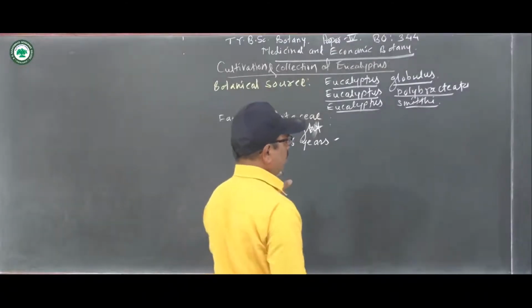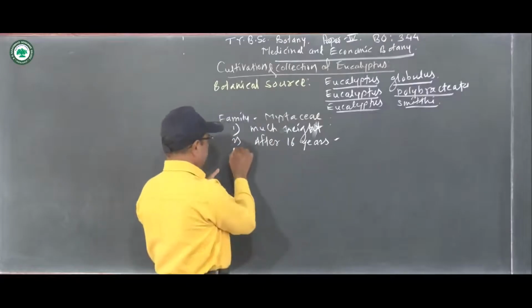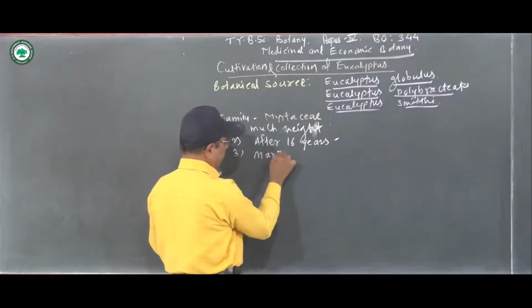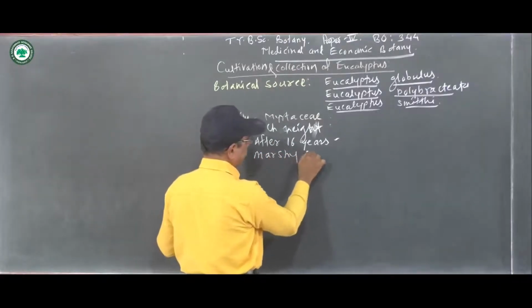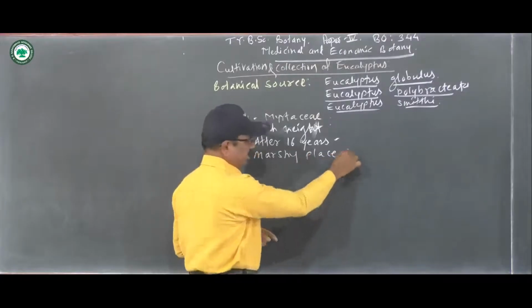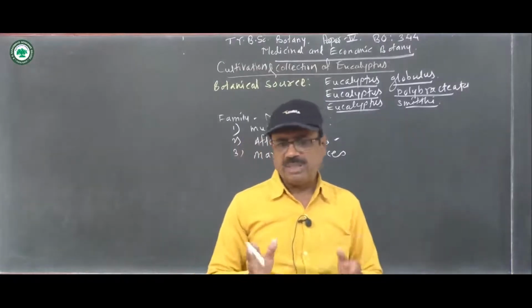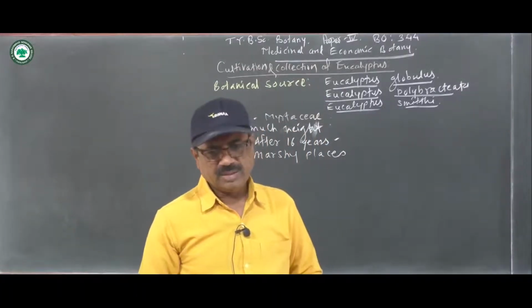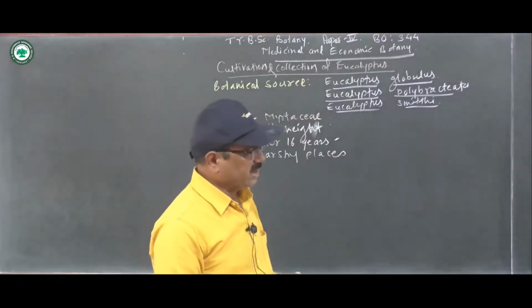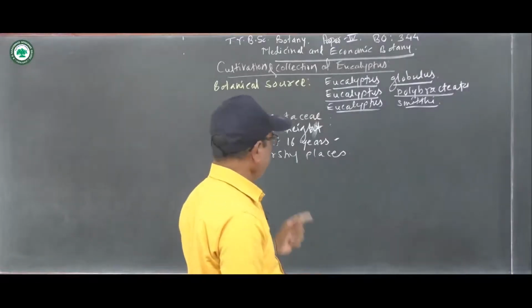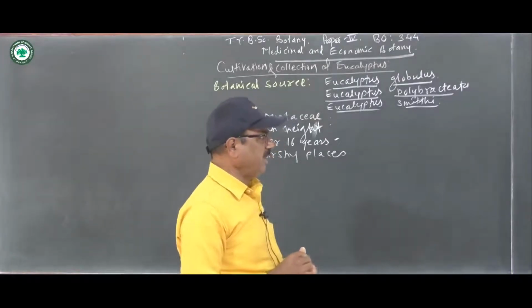So it is grown in marshy places mostly. It requires a much quantity of water, as it is a long-lived, large perennial plant.